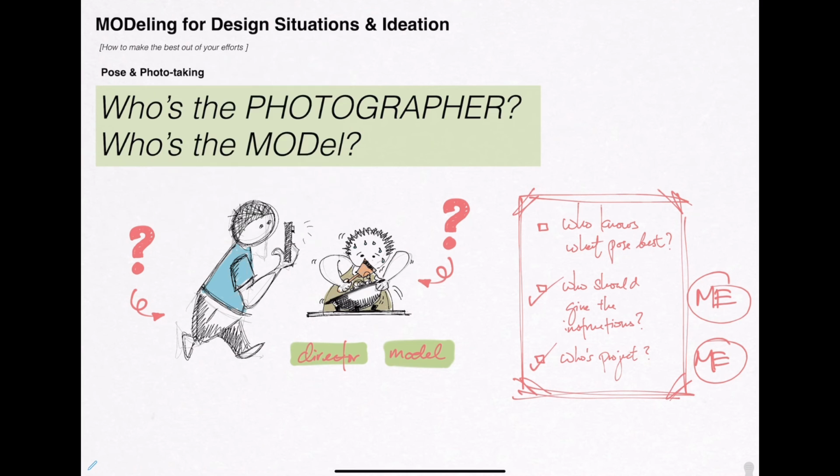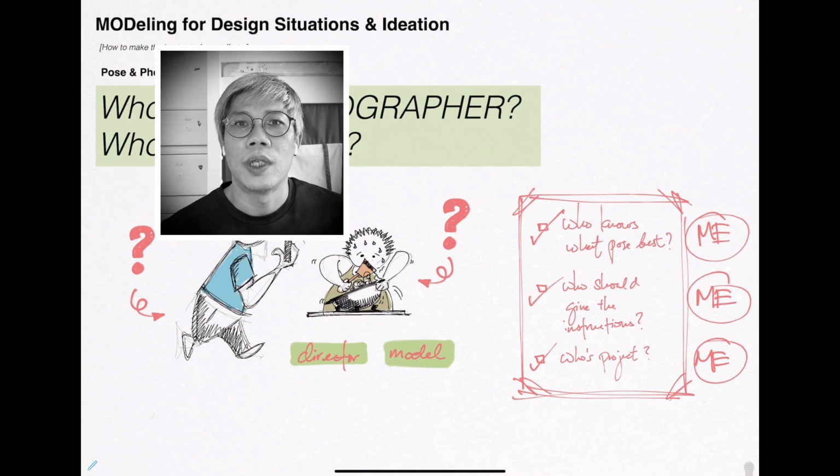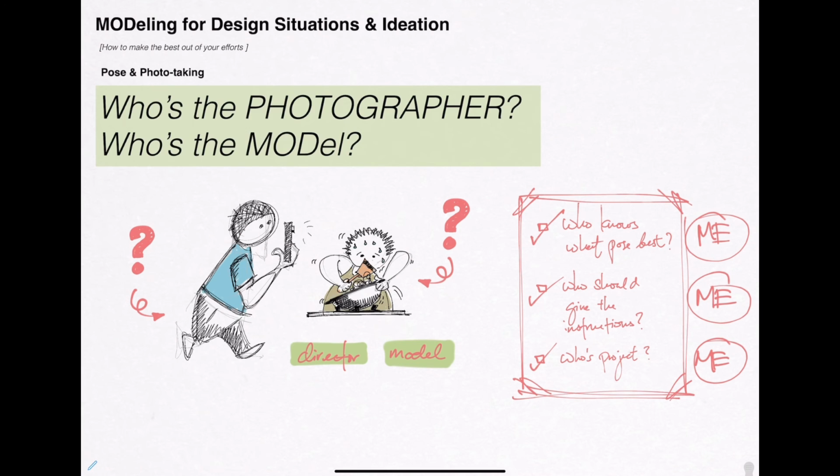So who will know the pose best? Again, you will be the one who knows what pose is best. So who should be the director? The person holding the camera will be the director, and your friends shall be the model.